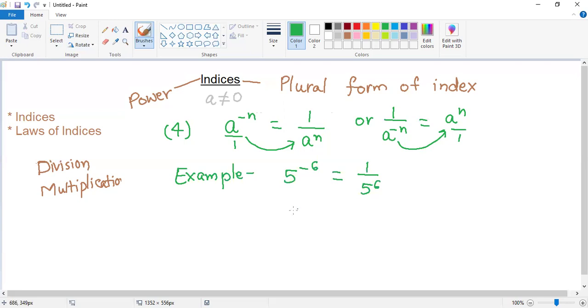Or suppose you have 1 over 5 power minus 2, you can write this as 5 power positive 2, and that will be 25. This is a smaller number, that's why I have written it here. So this is your fourth law. You can pause the video and note it down.